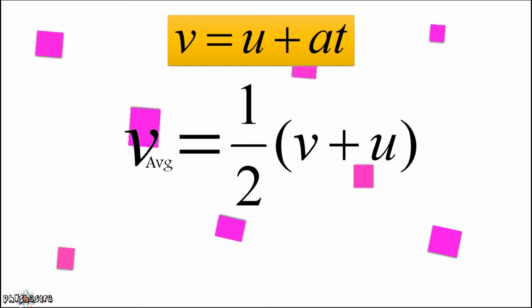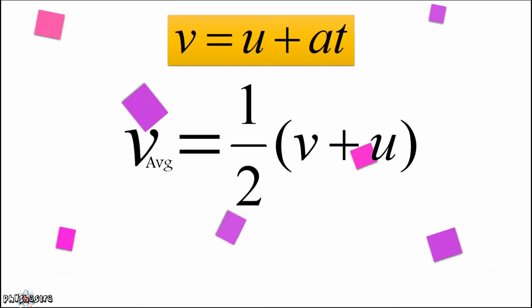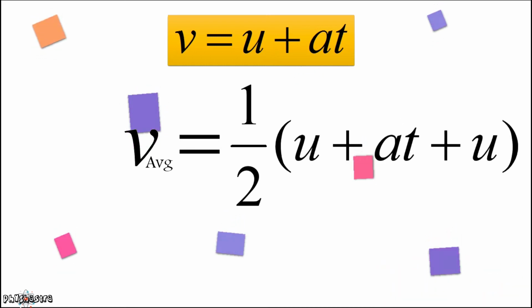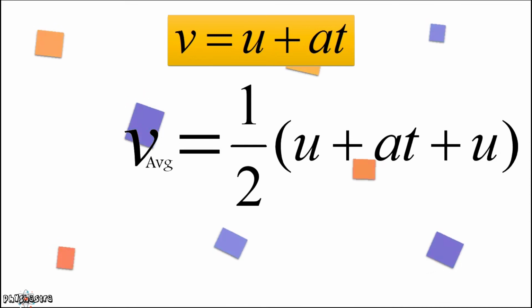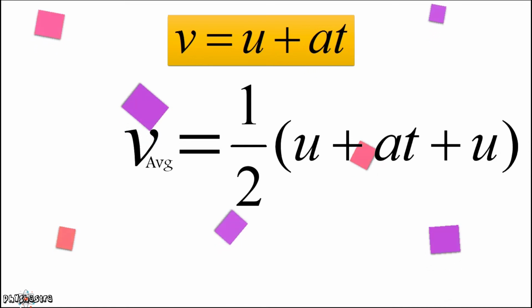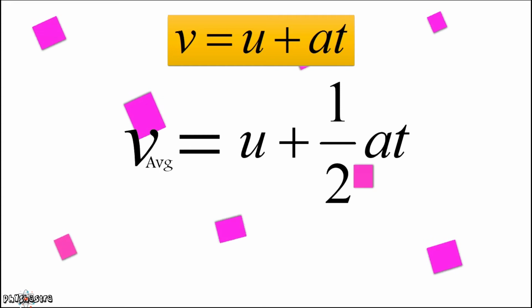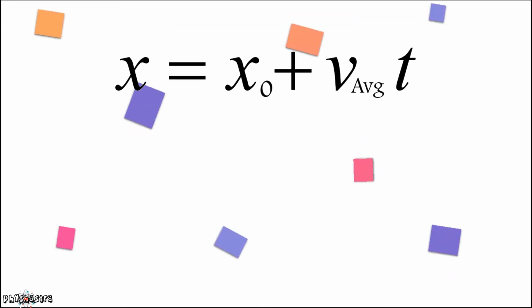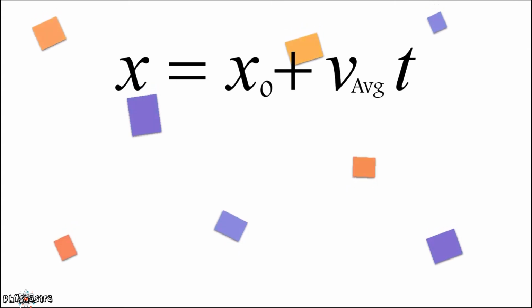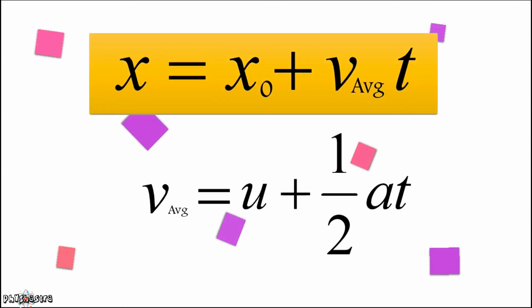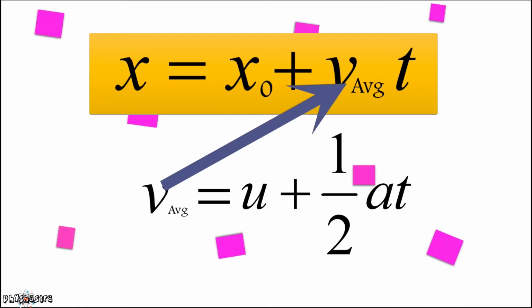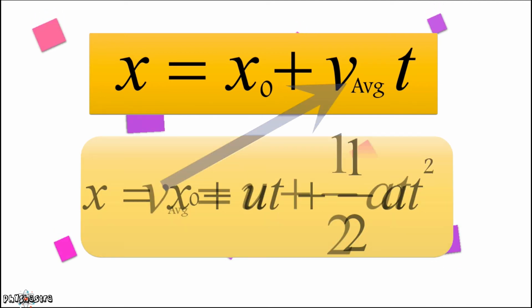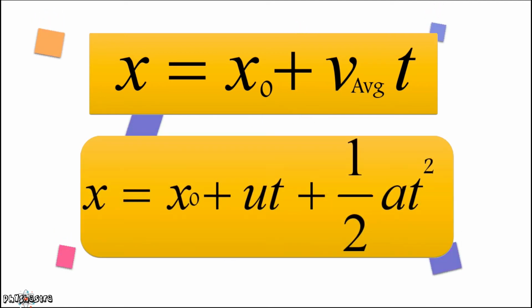So let us substitute that v into this equation. After applying algebra, we get average velocity equals u plus half of acceleration a into time t. So we put this obtained average velocity into our position equation and we finally get x equals x0 plus ut plus half of at squared. This is the second kinematic equation of motion.